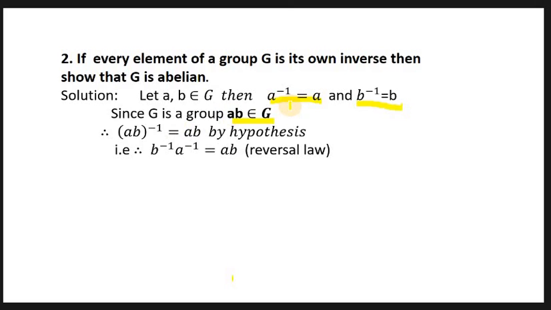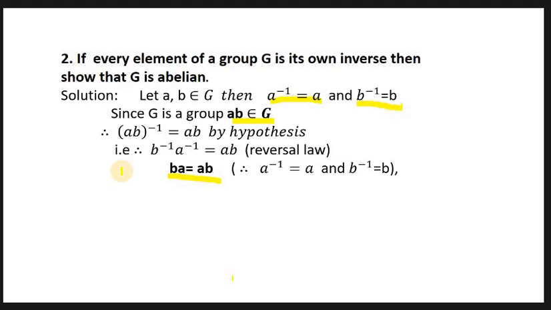Now by our hypothesis again, A inverse is equal to A, B inverse is equal to B. Hence B inverse A inverse is BA. So BA is equal to AB. Why? Because by our hypothesis A inverse is equal to A and B inverse is equal to B. So we get AB is equal to BA.